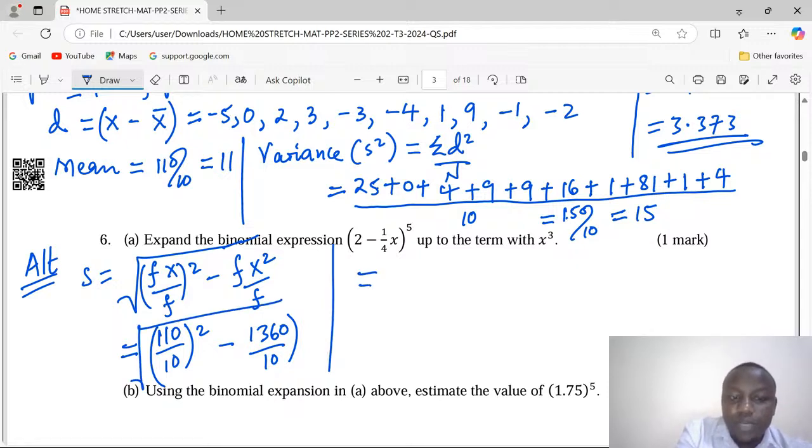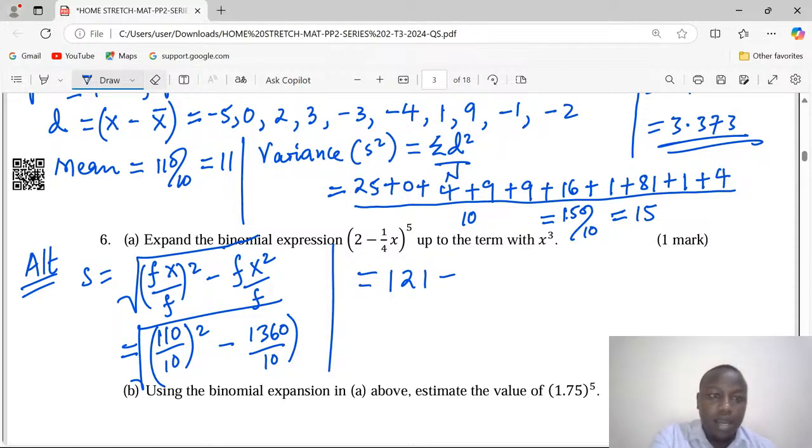So this is going to be 11 squared is 121 minus, let me just confirm that. Yeah, 11 squared is 121.